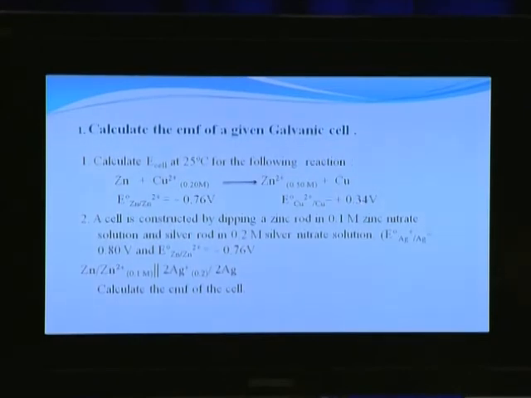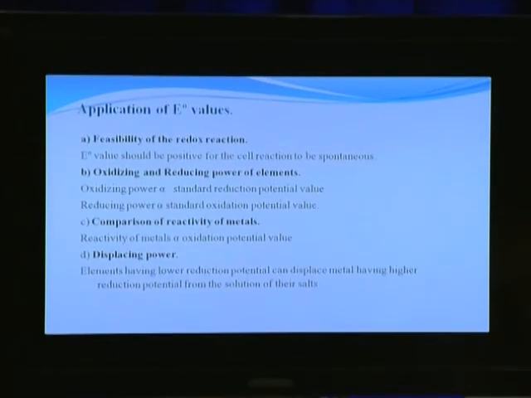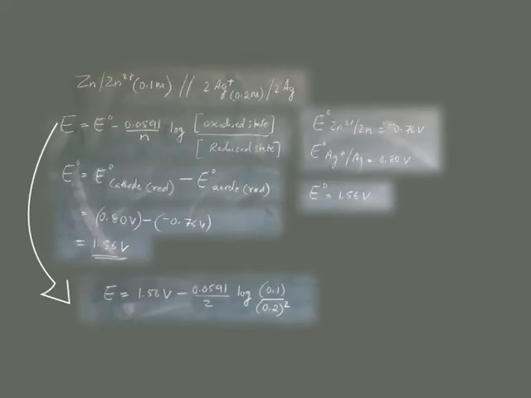Now we look at the applications of EMF values. There are so many applications of EMF values, out of which the first one is to check the feasibility of a cell reaction, to check the feasibility of a redox reaction. For any reaction, if the net EMF value is positive, then the cell reaction is feasible.